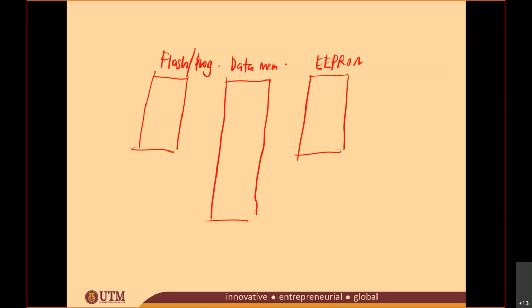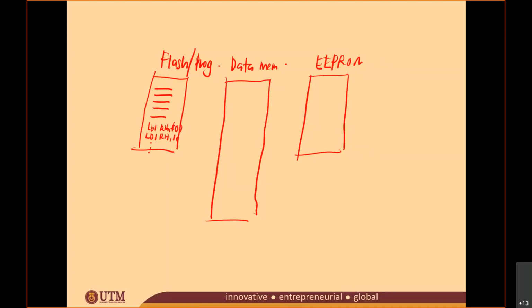Okay, so flash or program memory ni used to store all the program. Segala program-program yang kita tulis akan disimpan dalam program memory. Contohlah kalau tadi kita tulis LDI R16, 07, dia akan simpan dekat dalam kita punya flash atau program memory.